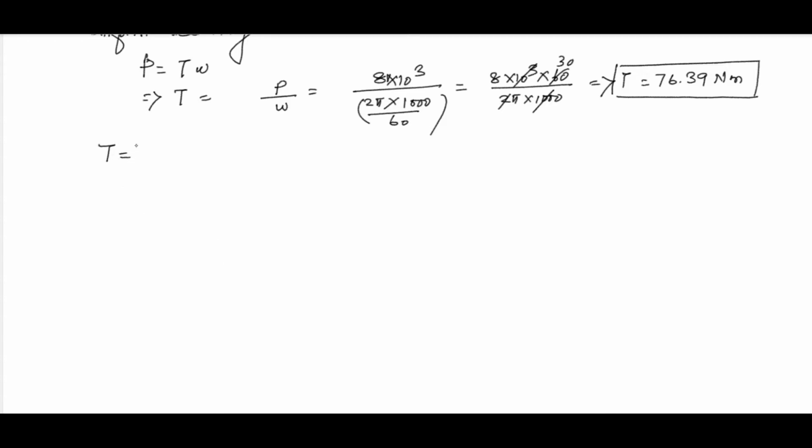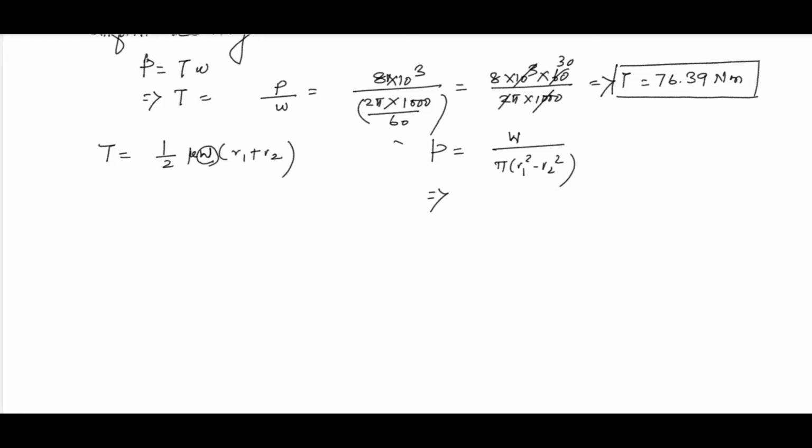according to uniform wear theory is 1 by 2 mu W (R1 plus R2). Okay, we don't know this W, but we know that intensity of pressure is W by pi (R1 square minus R2 square).